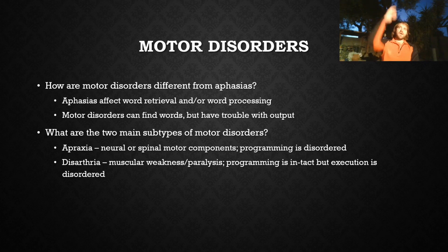We have a concept in the brain and we're trying to attach the brain version of the word to it, not just the output version, and we can't. With motor disorders, you can find the words and attach the brain version of the word to the cognitive idea, but you have trouble with the output.